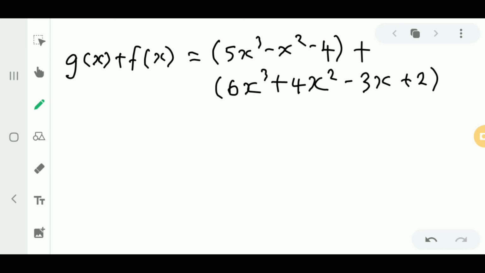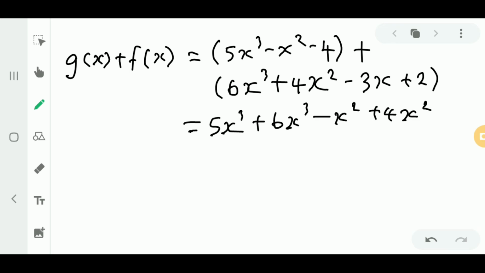Again, we can remove our brackets and group our like terms because we're adding, so the signs won't change. So we have 5x cubed plus 6x cubed minus x squared plus 4x squared. Then we do the x term, that's minus 3x, minus 4 plus 2.